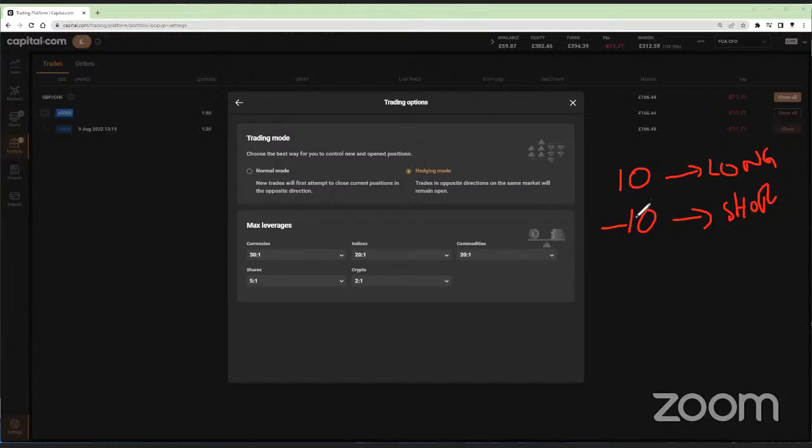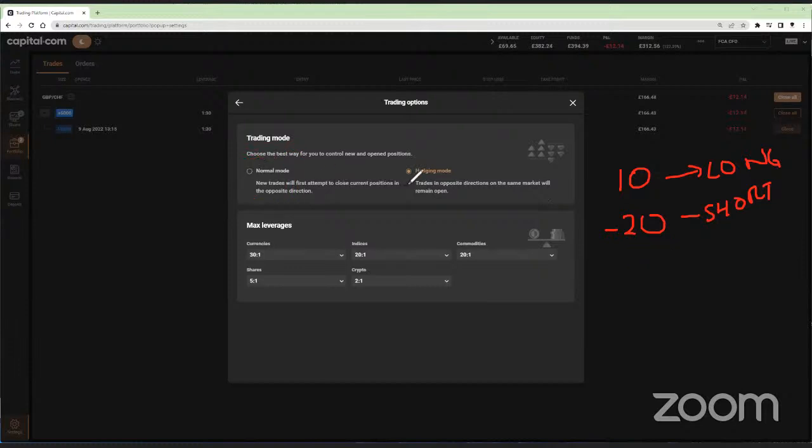Another example: let's say it's 10 long, and I decide to go short with 20. Going short just leaves you with minus 10, and that means you've only got 10 going short. So that's on the normal mode, by the way.